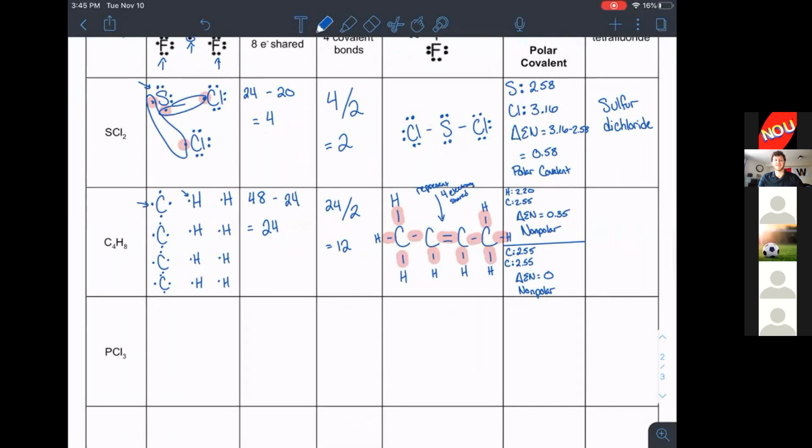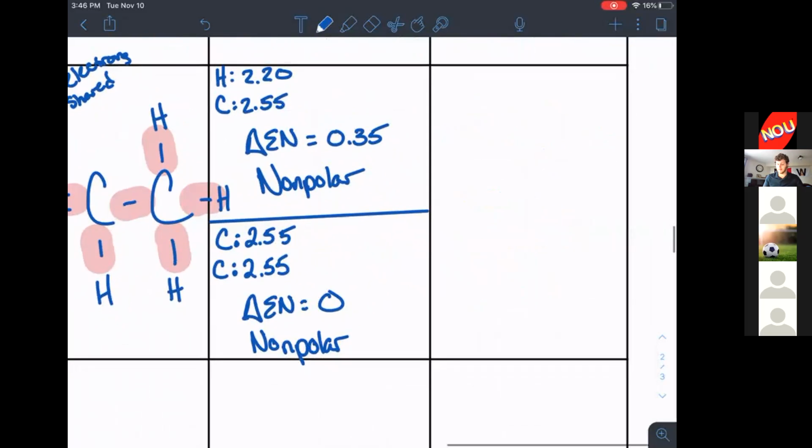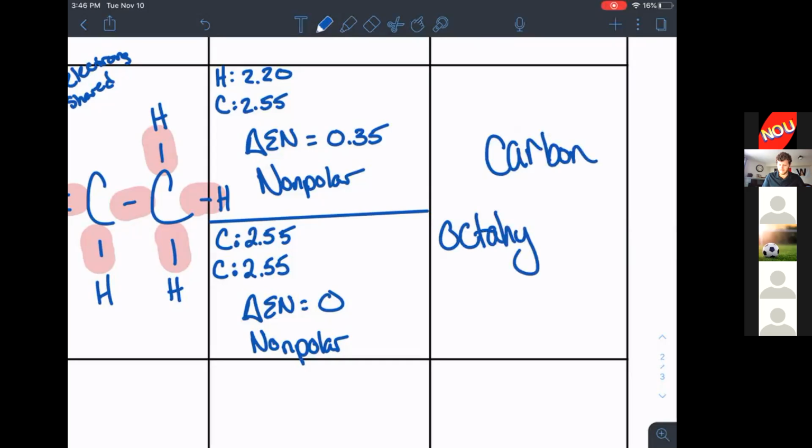What is the name of this compound? C4H8. Carbon... octahydride or something.